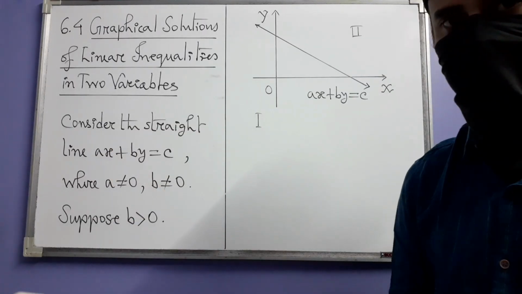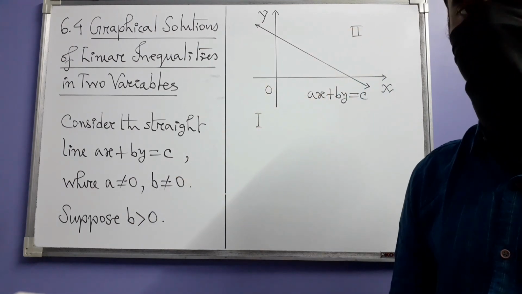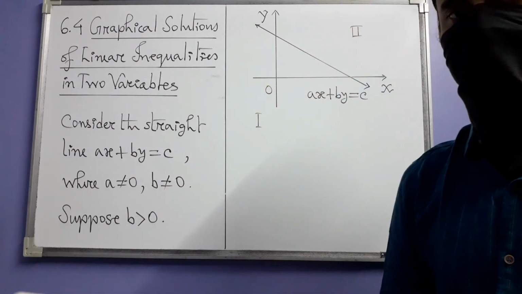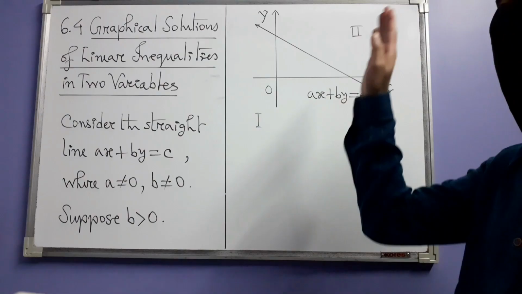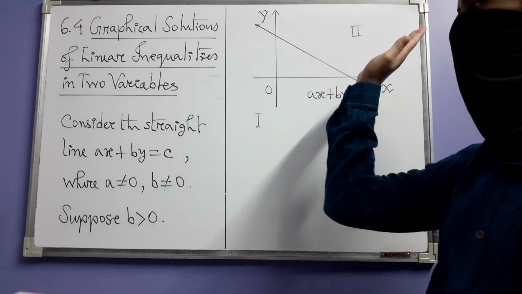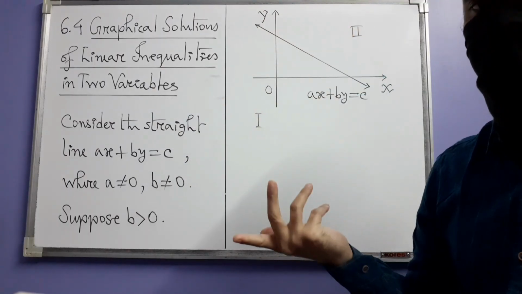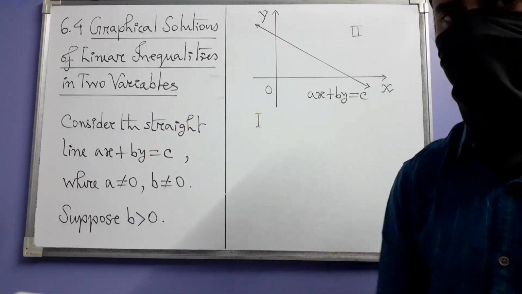That is not the case. And to have a vertical line as the graph of this equation, we need b to be equal to 0. That is also not the case. So ruling out this and this, you are left either with this or this. The line can be more steep or less steep, that depends on what a and b actually are.